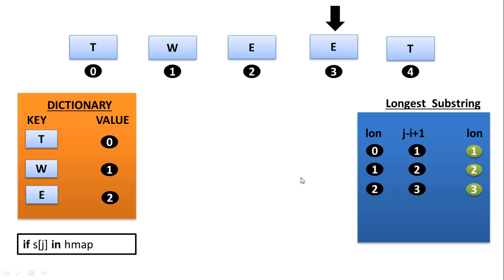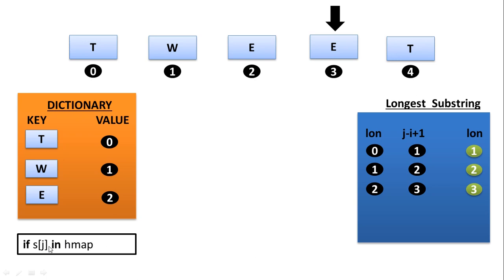Now j points at the element e, which is at the index 3. Then we move on to the next operation. We check, is e present in our dictionary? And now we find that yes, e is indeed present in the dictionary. So this means this if statement evaluates to true.